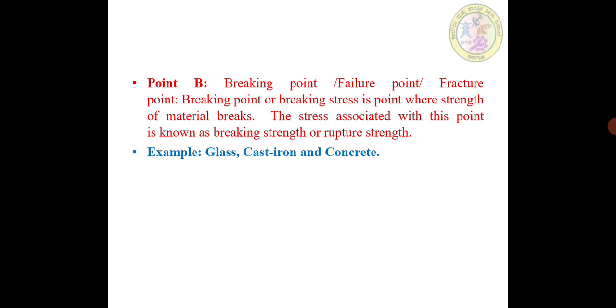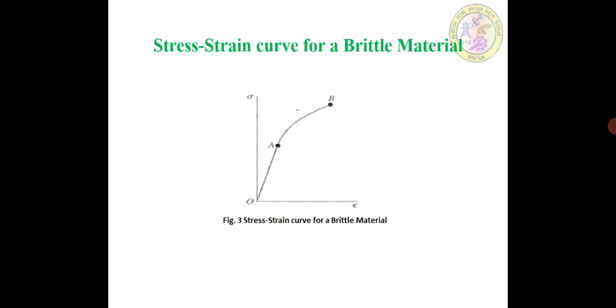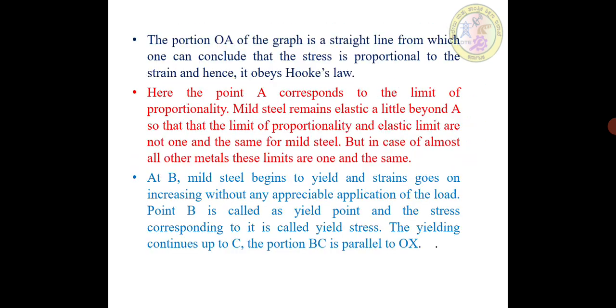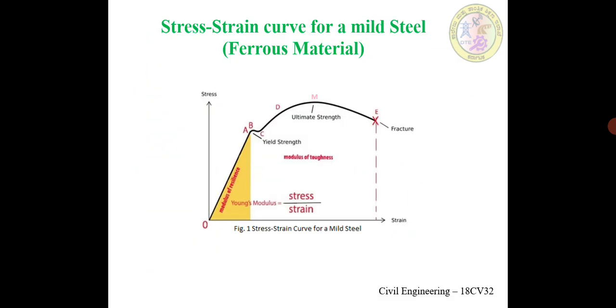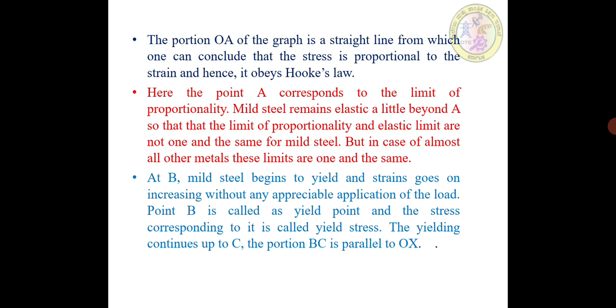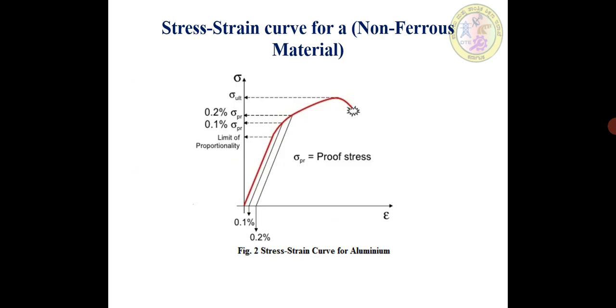To summarize, the stress strain curves of three different types of materials: ferrous, non-ferrous and brittle. In case of ferrous material, we have definite yield points, and in the non-ferrous there will not be a clear-cut yield point, and the yield stress can be obtained by the 0.2% proof stress.